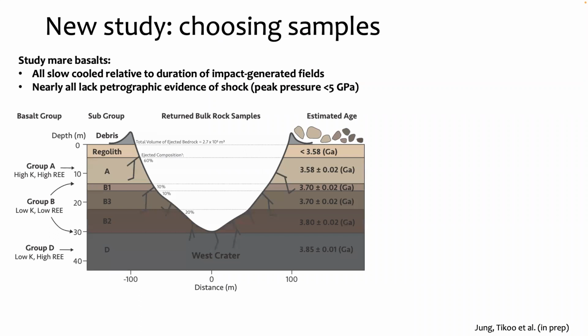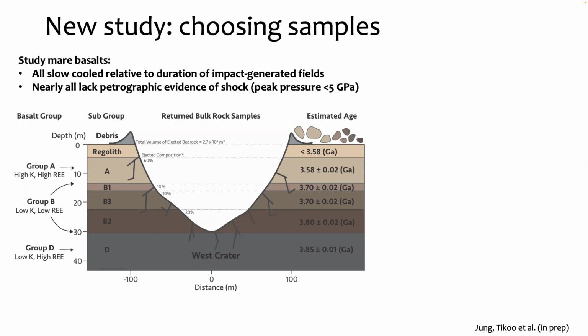So what we need to do, if we're going to study Mare basalts, these rocks between about 3.9 to 3.5 billion years ago, is choose our samples carefully. All Mare basalts are good samples from the perspective of ruling out thermal remanent magnetization from impact fields, because they are all slowly cooled relative to the duration of transient impact fields.